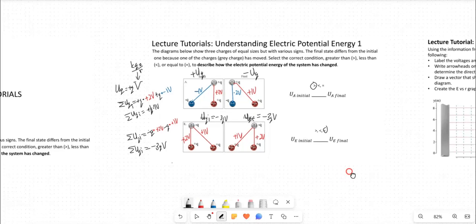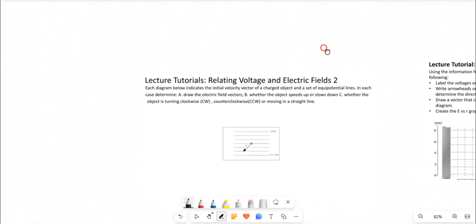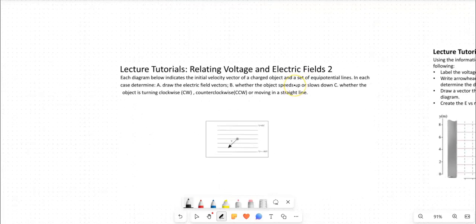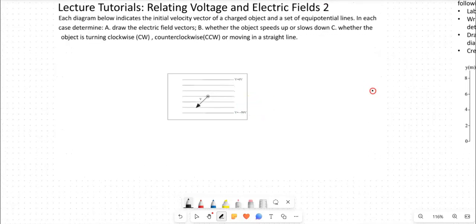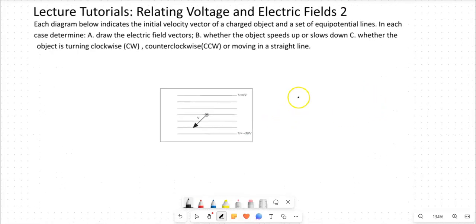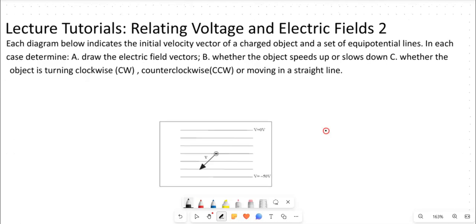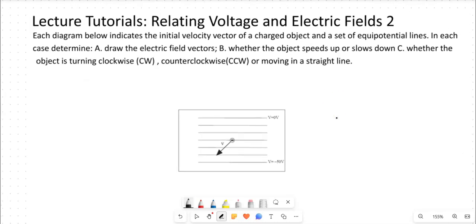Now let's do the second page on your tutorial, which is this one. And I think you'll also have only 4 problems. And you've done this before with electric fields, I believe. But now we're just doing it with the voltages.